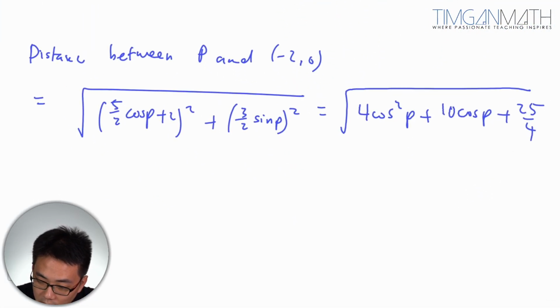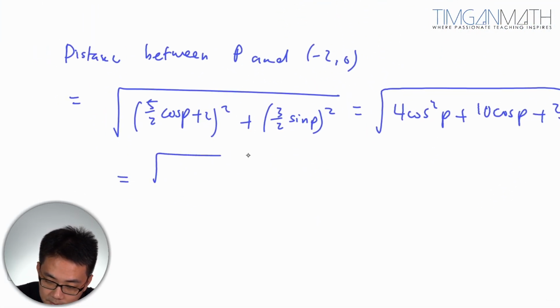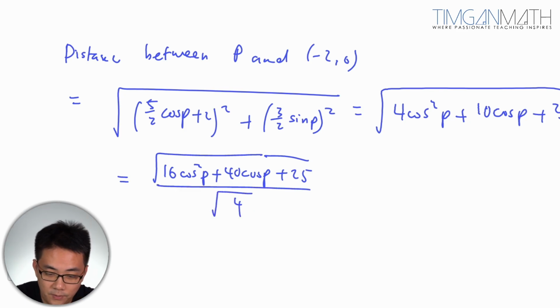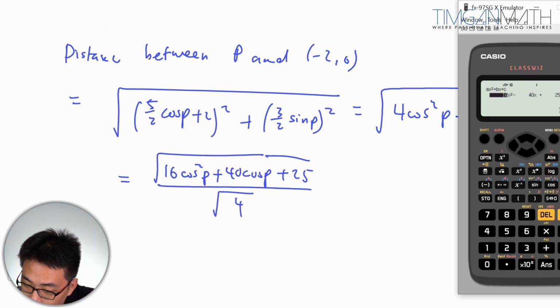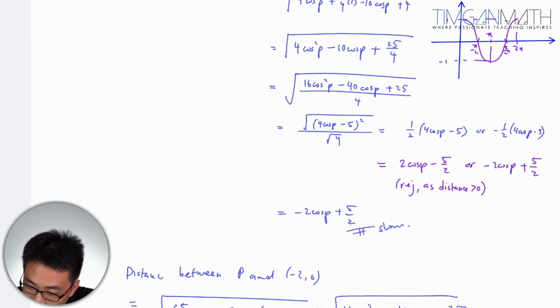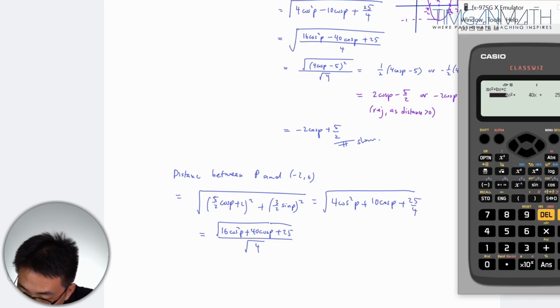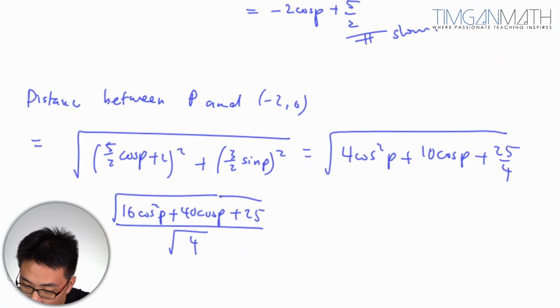Then if you were to bring the 4 out, that will be 16 cosine squared p plus 40 cosine p plus 25. Let me see first, is that correct? 40 plus 25. So I got it wrong before.